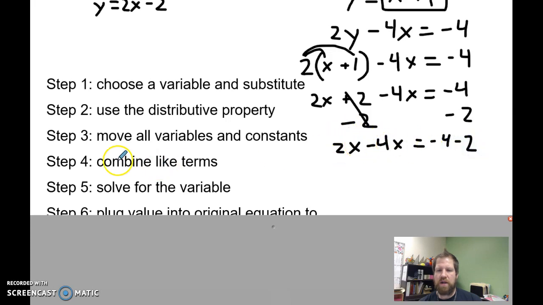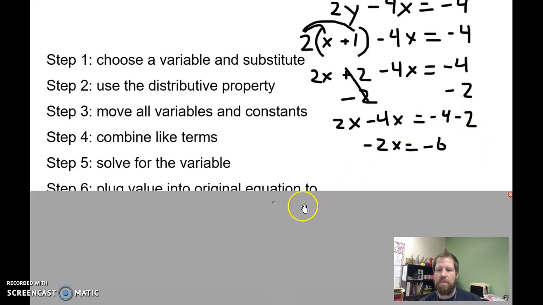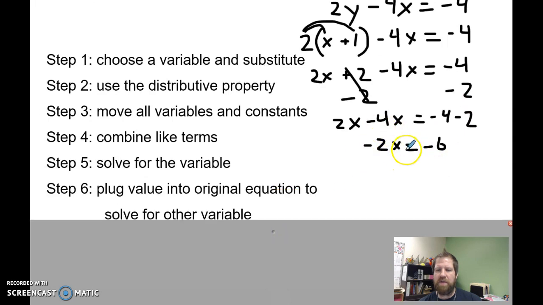Combining like terms, that's negative 2x equals negative 6. Now I'm going to solve for my variable. Divide by negative 2, divide by negative 2, and I get x is equal to 3.